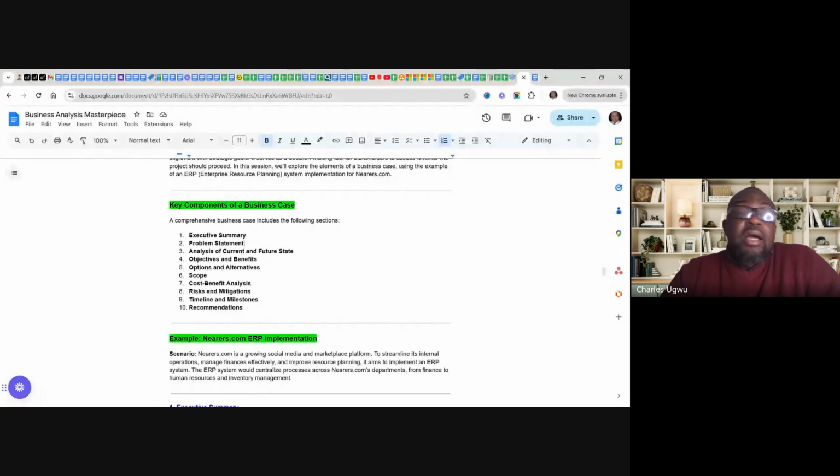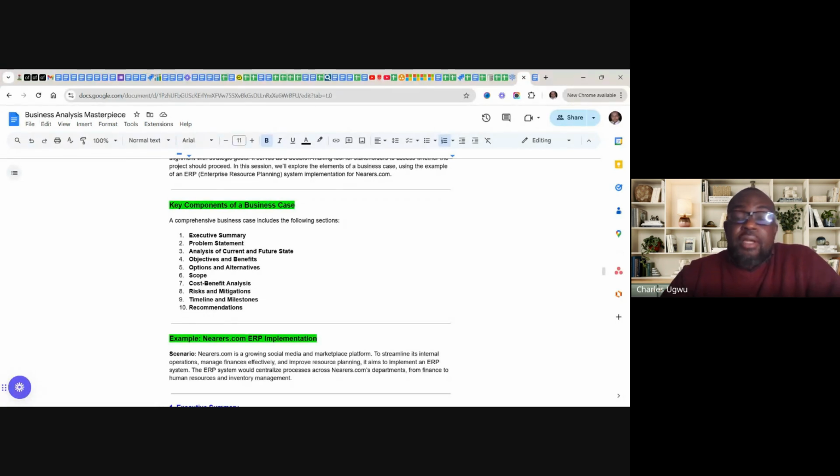The project manager can switch to other projects. But if the project moves on, the project manager will officially be appointed with a project charter. And that's where the whole business of executing or implementing whatever solution starts in most cases.